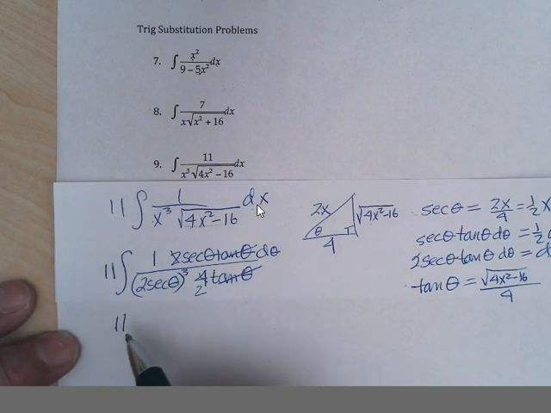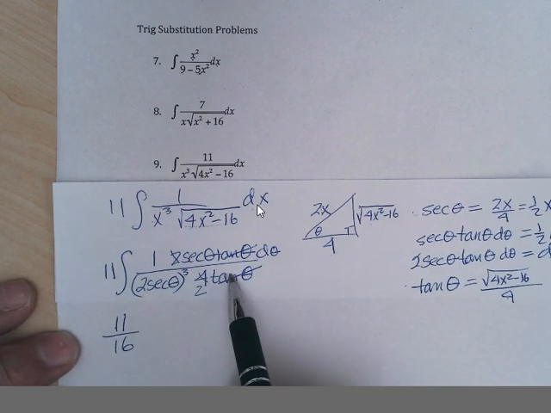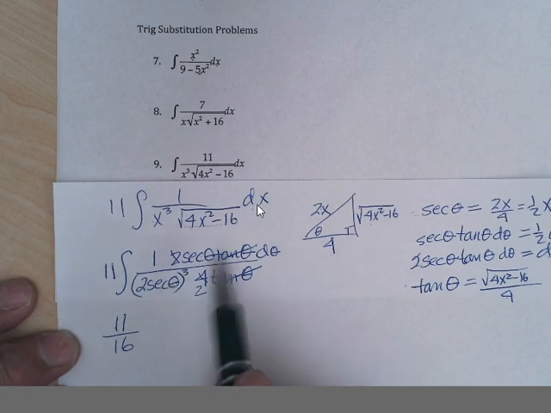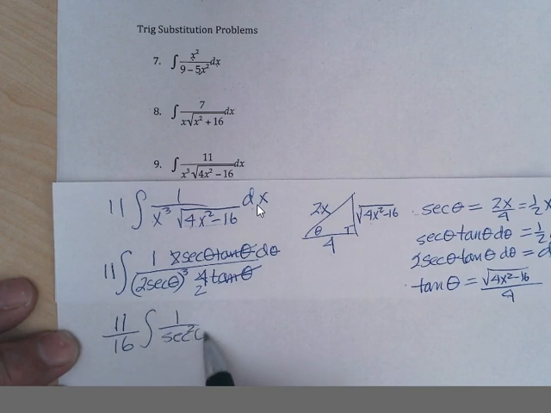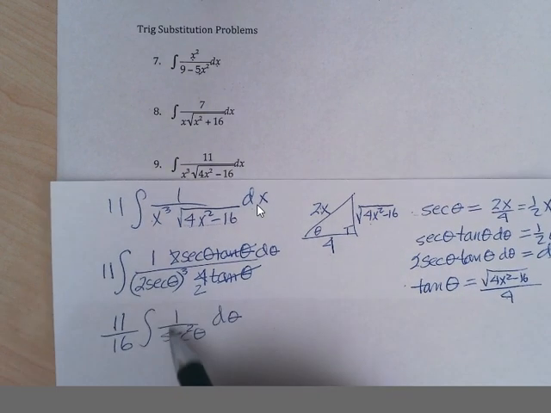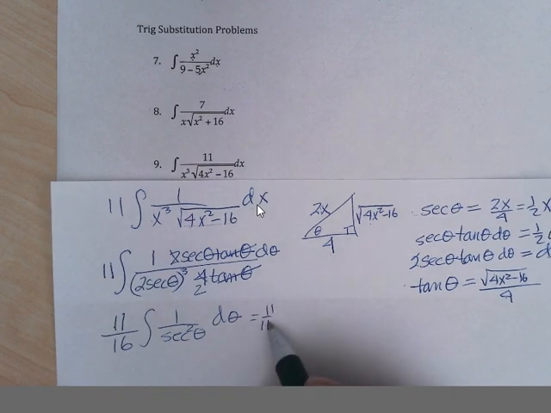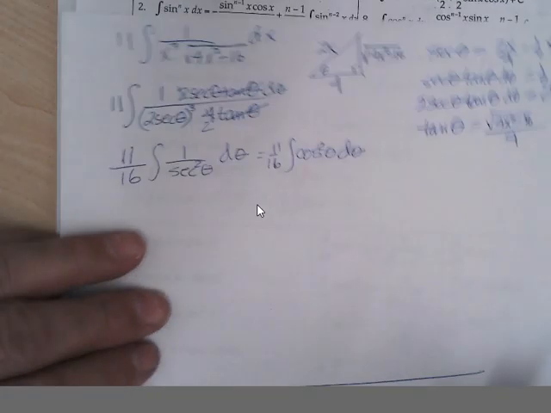So I'm going to have 11 over 16. Tangents are gone. I got a secant here that'll cancel one of the secants here. So I'll have the integral of 1 over secant squared theta d theta, and 1 over secant squared is cosine squared, so I'll have 11/16 integral of cosine squared theta d theta, and we have a formula for cosine squared.